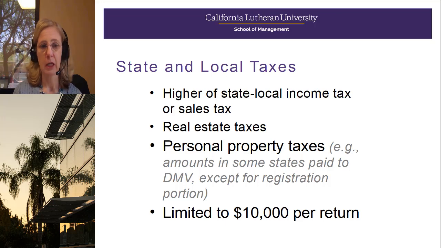If, for instance, you own several properties or you live in an area with very high property values and real estate taxes, perhaps your real estate taxes are $11,000. You've also got some state and local taxes and personal property taxes. Those really don't matter because you're capped out at $10,000. So that's something to keep in mind when you're planning for itemized deductions for your clients.